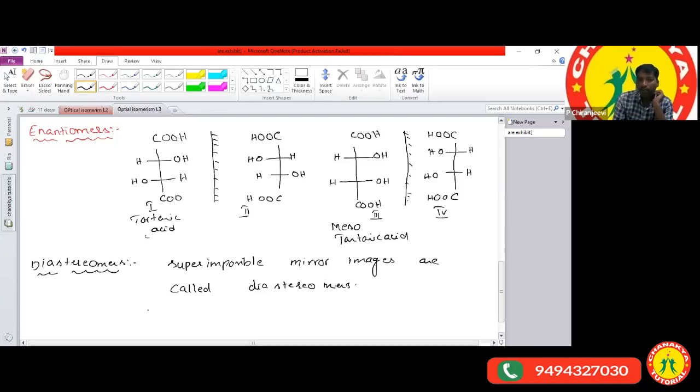Diastereomers have the same chemical properties but differ in their physical properties. Sir, what are examples of physical properties?